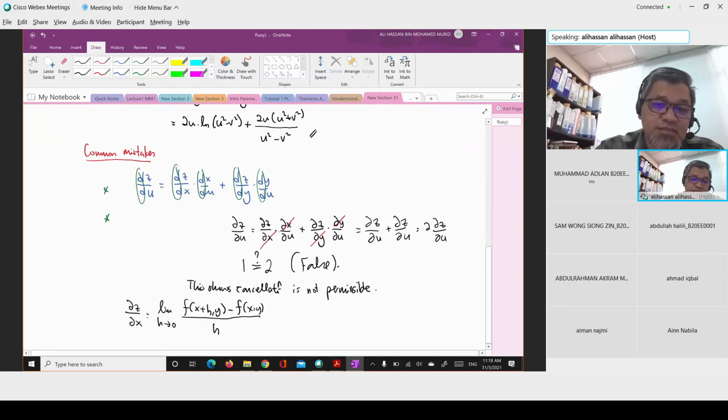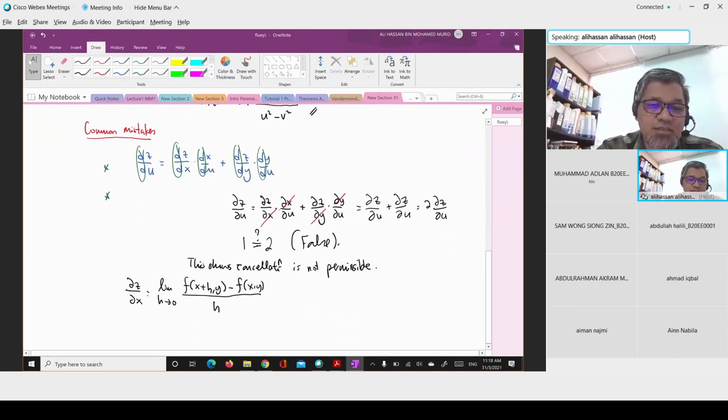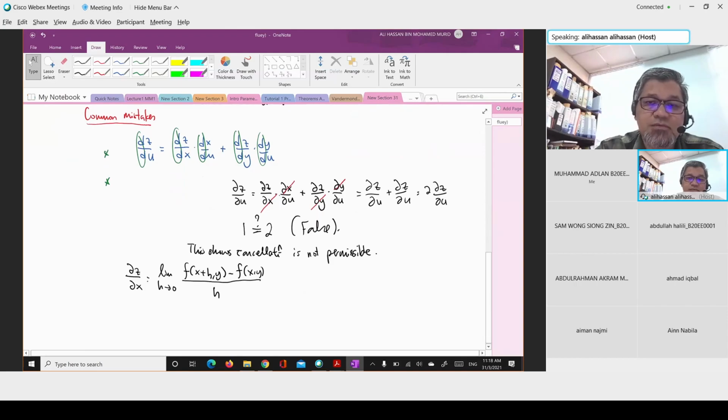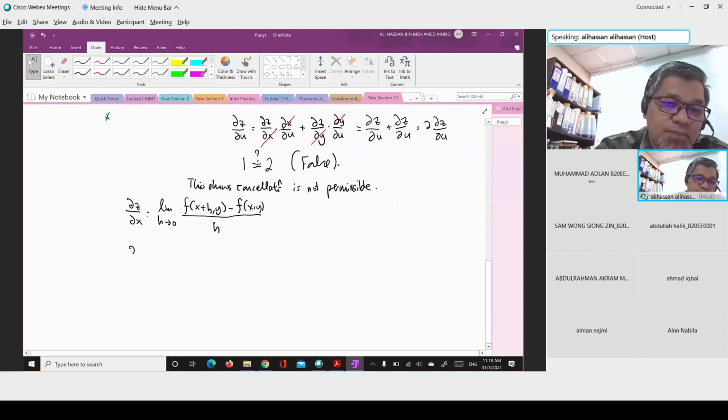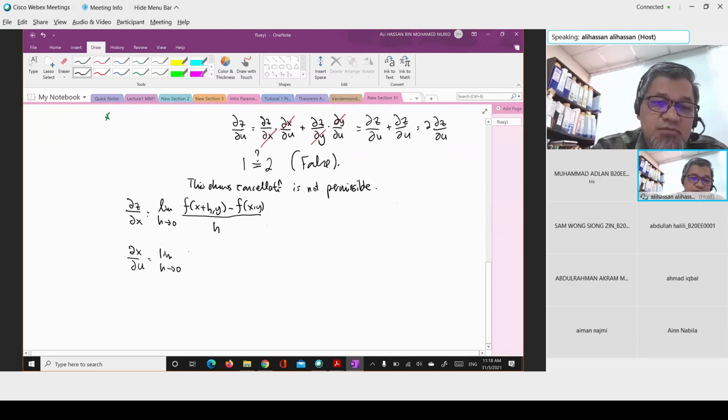It is not a fraction. It is a limit expression. So how is it possible you want to cancel out? And x partial u is also defined in terms of a limit, because x is a function of u and v. By definition, x partial u is this limit here.